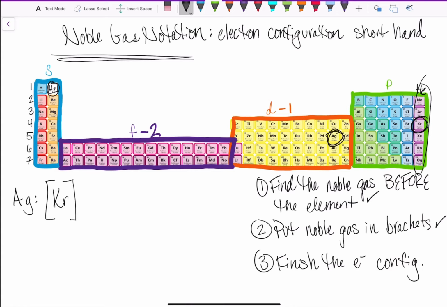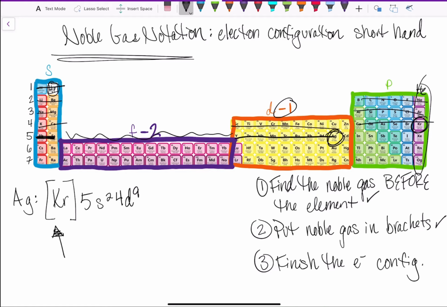So after that, we've got 5s2, nothing here. And then we subtract 1, so it's 4d9. So when we put krypton right here in brackets, the reason it's shorthand is because krypton takes the place of 1s2, 2s2, 2p6, 3s2, 3p6, 4s2, 3d10, 4p6. All of that is represented here in krypton.